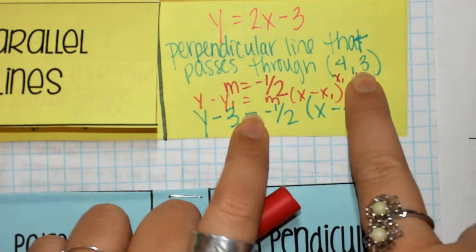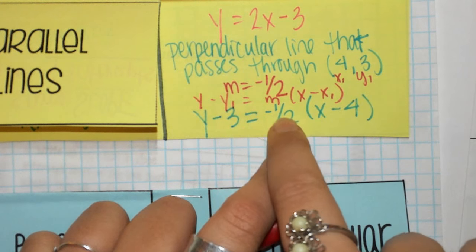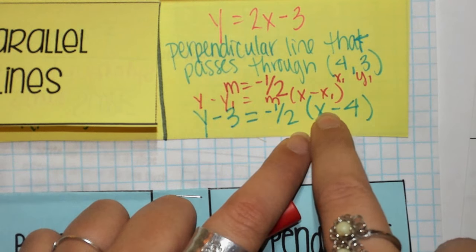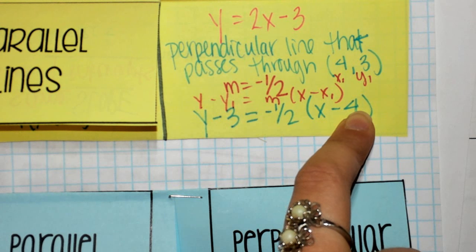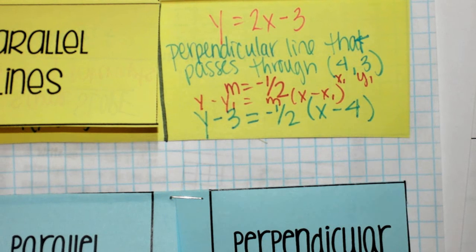So we said y minus 3 equals negative 1/2, because that's our new slope, times x minus 4. Does that help? Did that help anybody else that was a little confused?